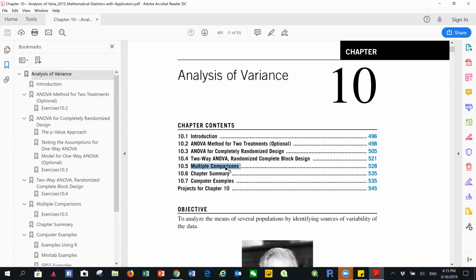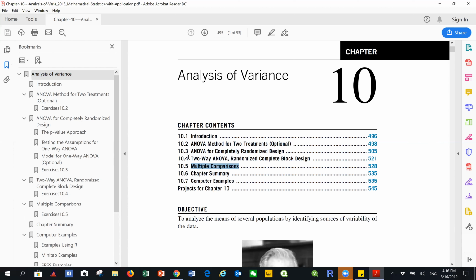So instead of using the t-test multiple times, we use either ANOVA or multiple comparison, like you will see, named Scheffe or Tukey HSD and so forth.